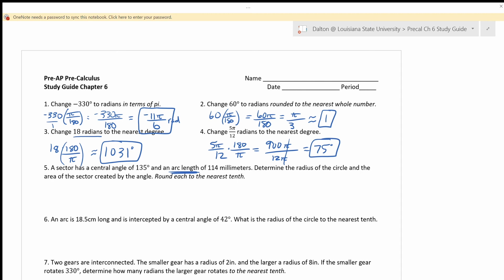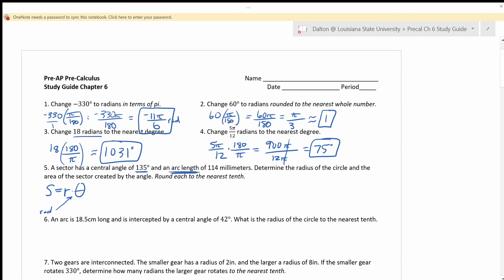For arc length, you need to be able to recall that the arc length formula is S equals R times theta. The other thing you have to remember is that theta in any of our formulas has to be in radians.